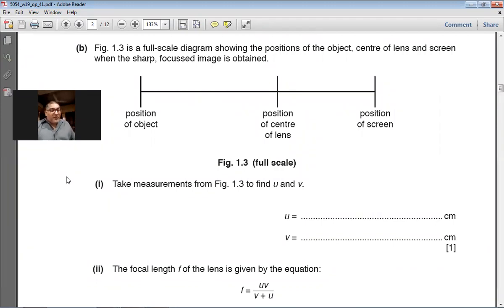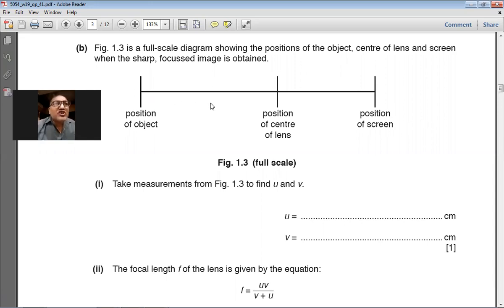Figure 1.3 is a full-scale diagram showing the positions of the object, center of lens, and screen when the sharp focused image is obtained. This is the position of the object, this is the center of the lens, and this is the position of the screen. This is a full-scale diagram. Take measurements from figure 1.3 to find u and v.